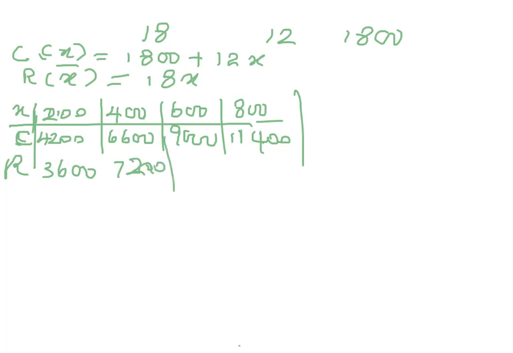If x equals 600, the revenue is 10,800. And when x equals 800, multiplied by 18 it becomes 14,400. So now we have some coordinate points, and using these we can draw our graph.